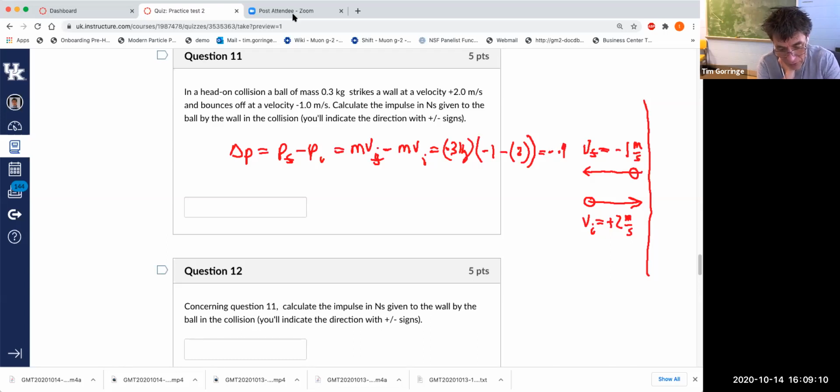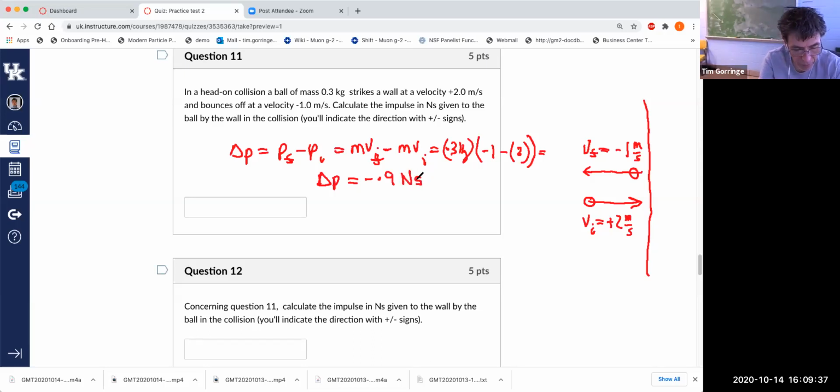I've run out of space. Let me clear some space. Well, let me just put it somewhere else. That's better. Minus 0.9 Newton seconds.